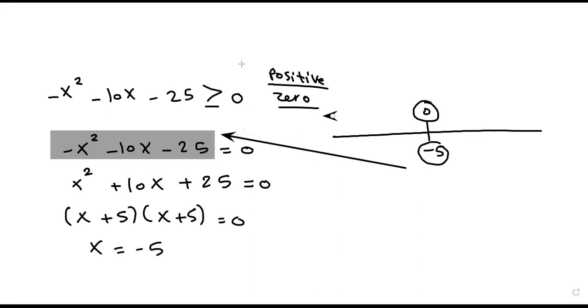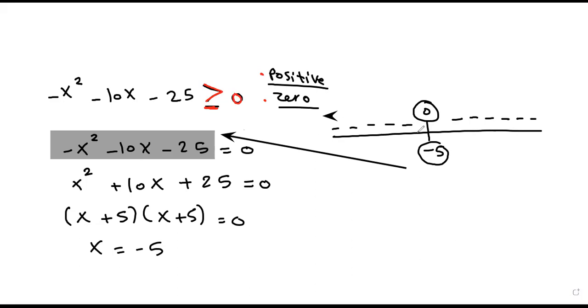So if you take 100 and substitute in this expression, you will find the value is negative. And any value less than -5, like -100, substitute in the expression, you will find the value is going to be negative. What I need in the solution is all values which make this expression positive and 0, greater than or equal to 0.